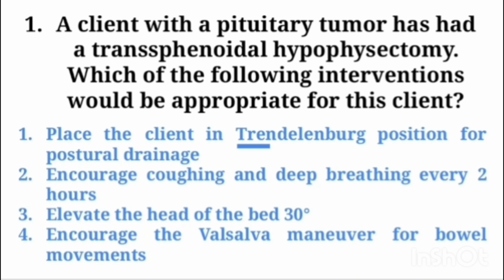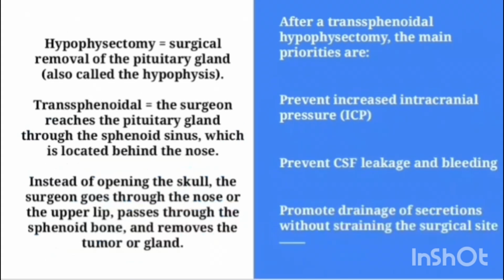So to find out the answer, first we will break down the question. What they have asked: a client with a pituitary tumor has had transsphenoidal hypophysectomy. So what do you mean by transsphenoidal hypophysectomy? Hypophysectomy means the surgical removal of the pituitary gland, also known as the hypophysis.